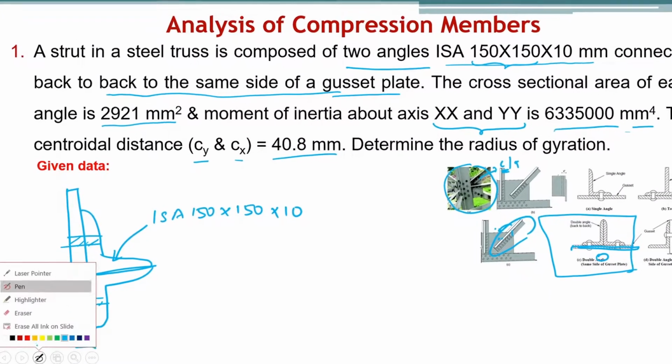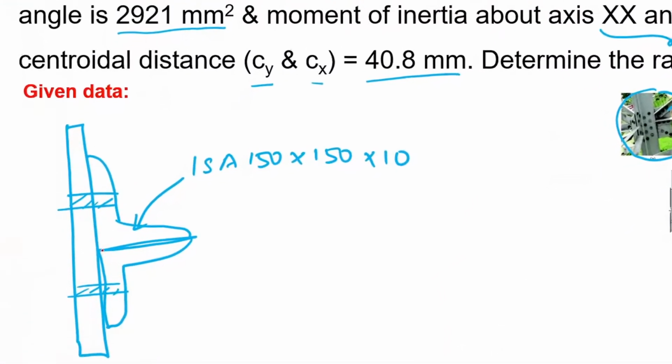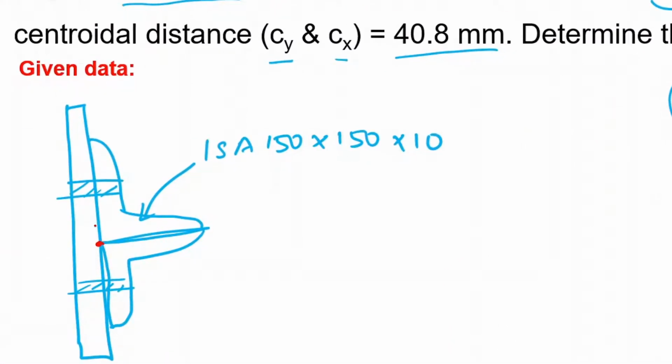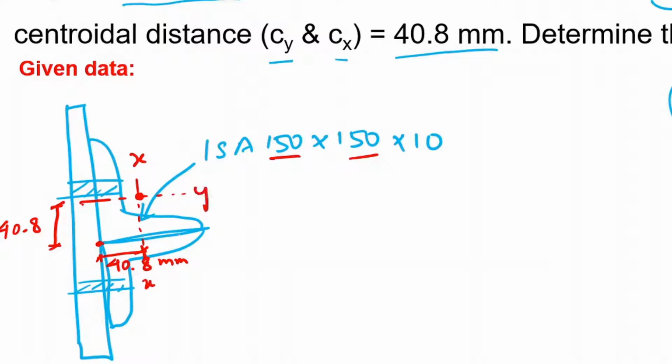And it is given that the centroidal distance from this corner is 40.8. That means here is the axis. So from this corner, the axis is at a distance of 40.8. Since both sides are of equal length, the axis is at a distance of 40.8 mm on both sides. Now this is where the CG of the member lies, and this is axis XX and axis YY.